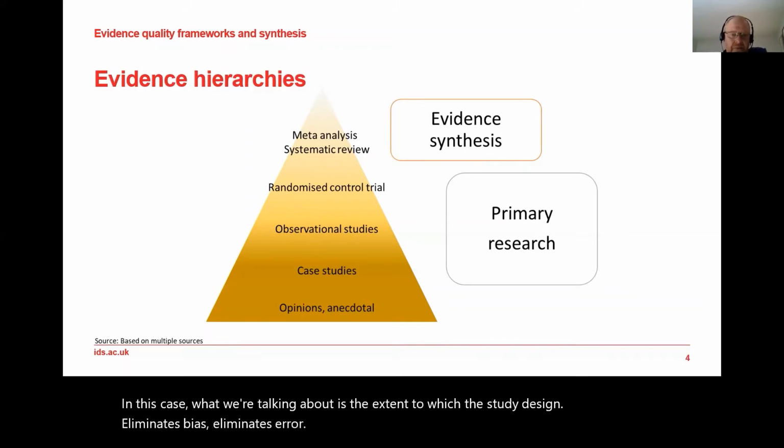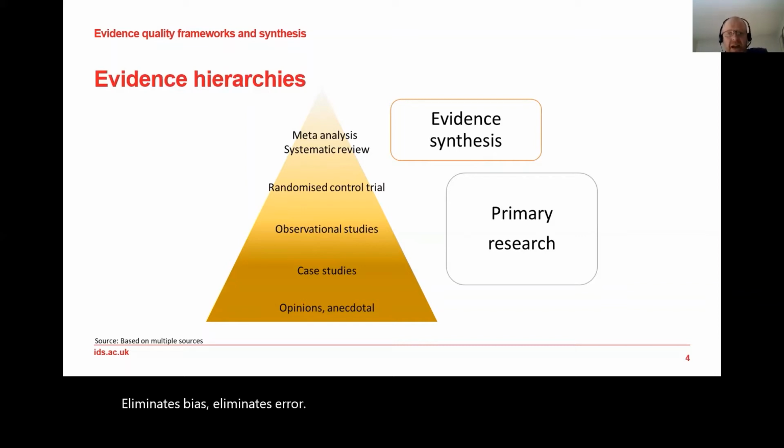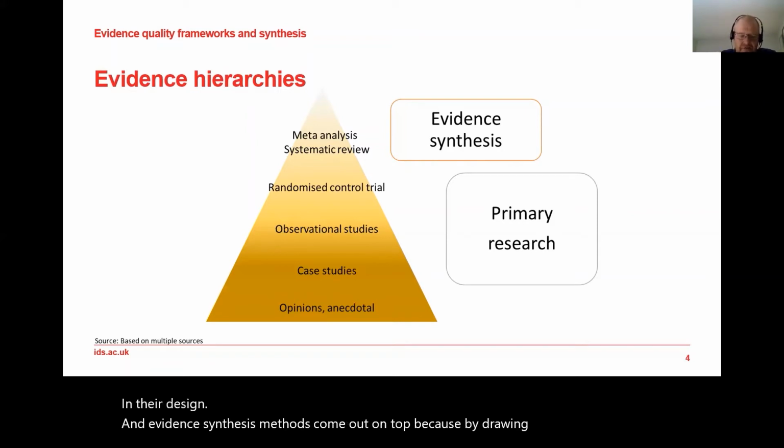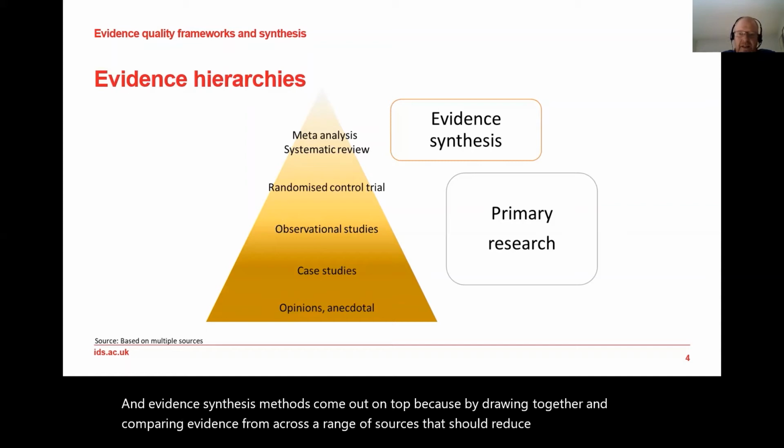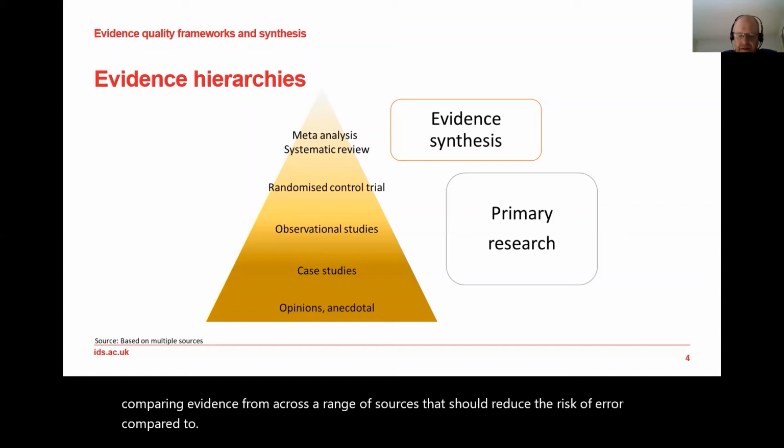So in this hierarchy, experimental methods are privileged more highly than other primary methods because they're felt to eliminate error and eliminate bias more strongly in their design. And evidence synthesis methods come out on top because by drawing together and comparing evidence from across a range of sources, that should reduce the risk of error compared to what might creep in a single study.